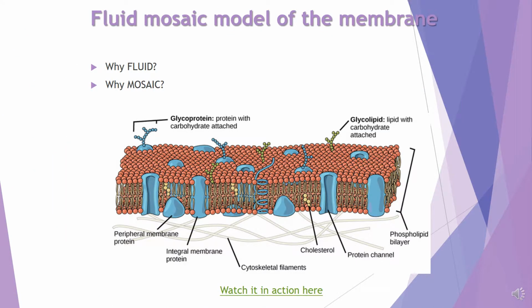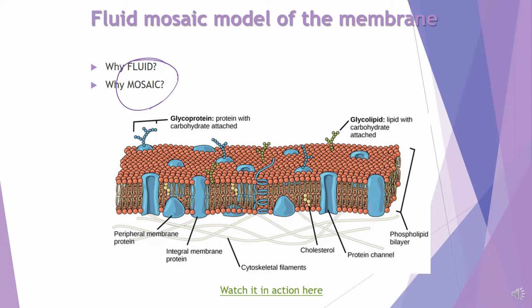All right, so it's kind of hard to believe, but the cell membrane is actually fluid. It's called the fluid mosaic model, and basically it is actually moving. So it moves, which is important to allow substances to move in and out of the cell.